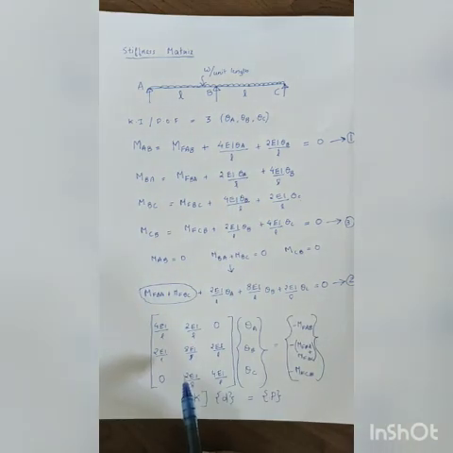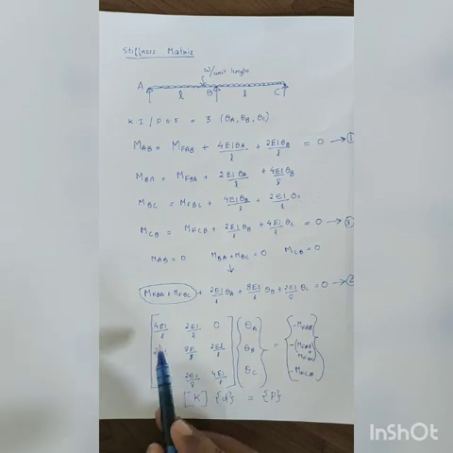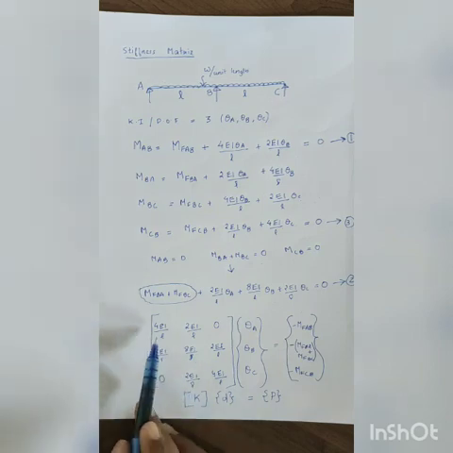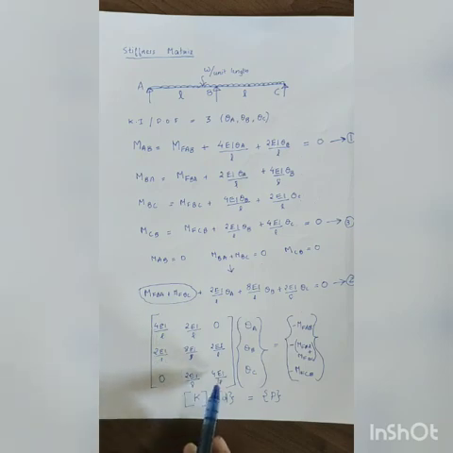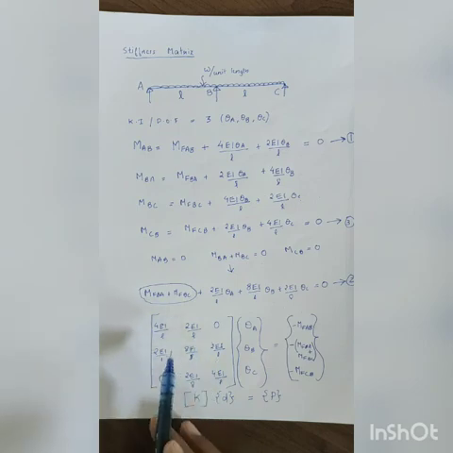So that is one typical property of the stiffness matrix. The second property is that it is a diagonally dominant matrix. The diagonal elements, 4EI by L, 8EI by L and 4EI by L, are always larger than the off diagonal elements.